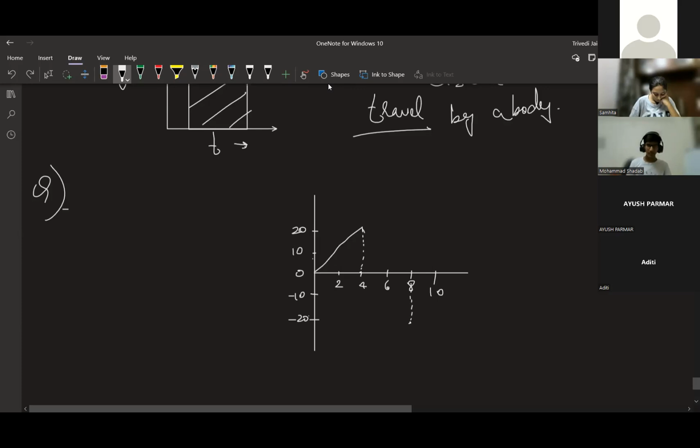You make it equal. It should pass through 6 and touch this point at 20. Oh, they're almost equal. Nice.